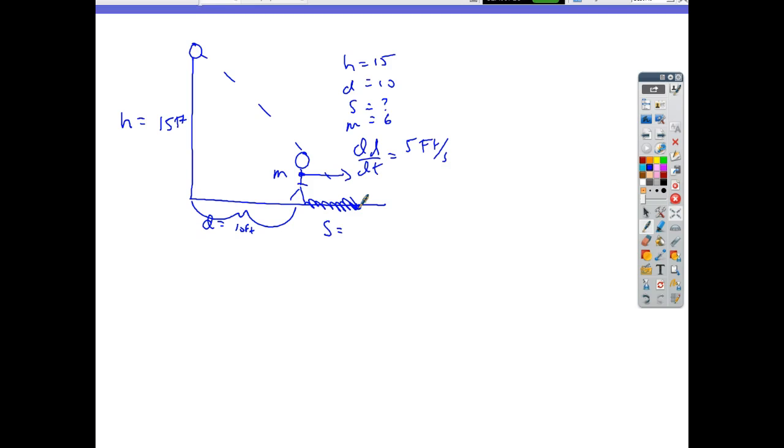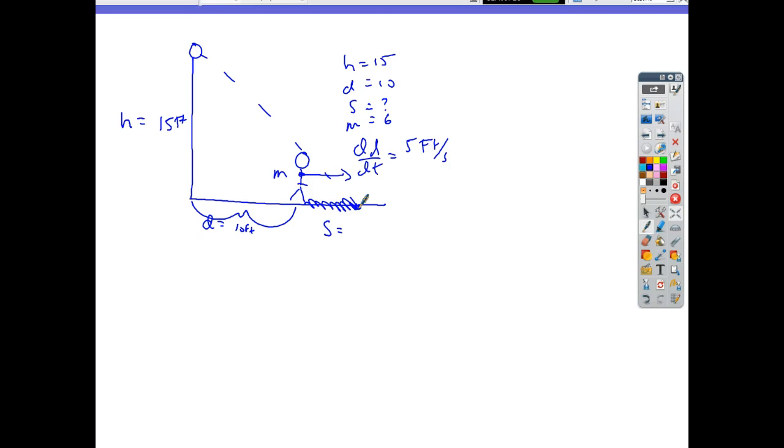So the question I threw out to you is that we're finding the rate at which the shadow is growing. So we're going to use things like dD/dt. So what are we looking for? And you said S. Okay, you could have solved that in geometry.